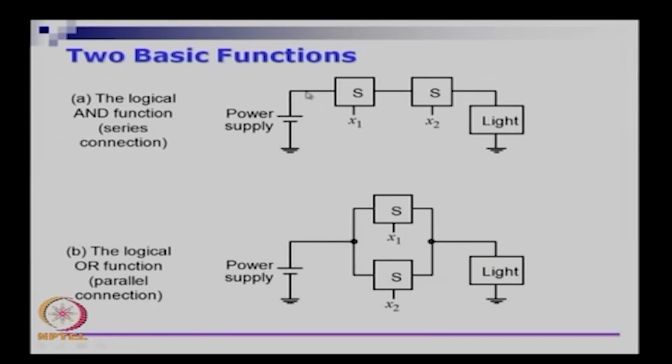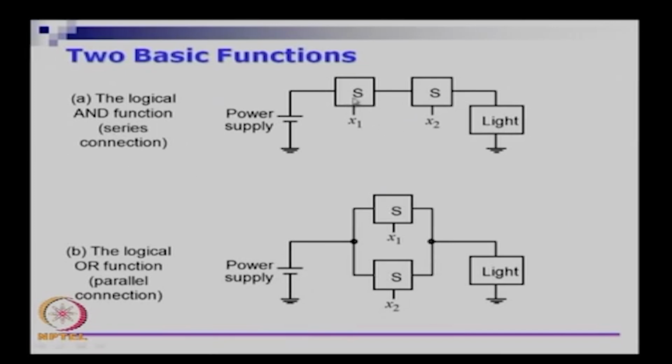So if X1 is on, then from here to here this wire is connected, and when X2 is on, from here to here it is also connected. So only when both these things are on, the light will glow. So X1 and X2 should both be on for the light to glow.